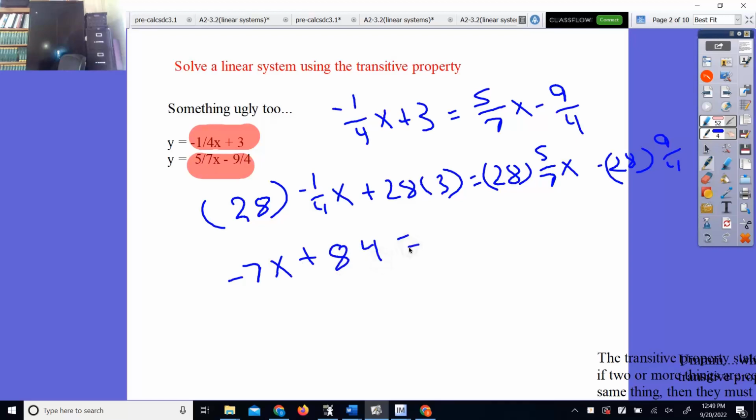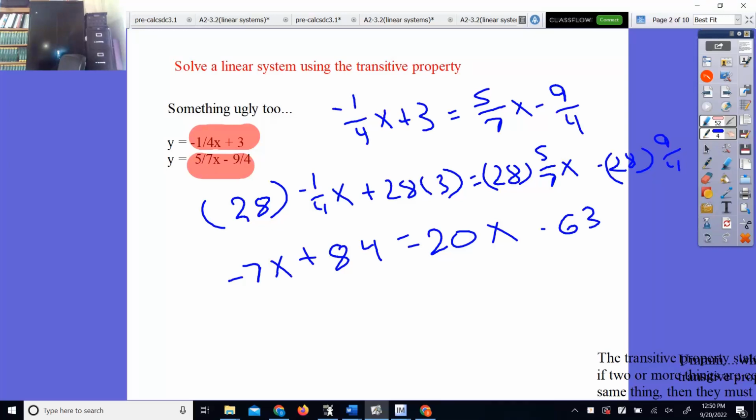Equal because there's an equal. 28 over 7, what is that? 4. There's a 5 already there. 4 times 5? 20. Minus because there's a minus. 28 times 9 quarters, 28 over 4 times 9. No more fractions.